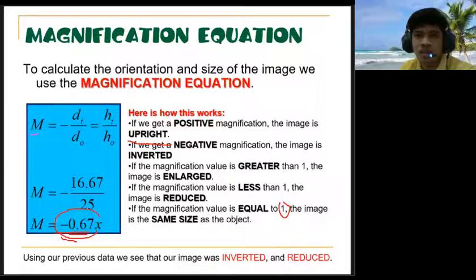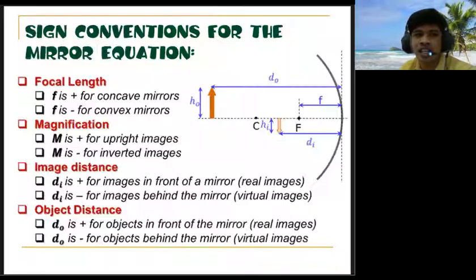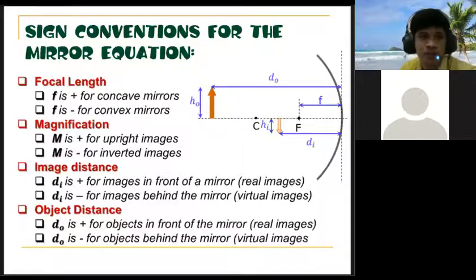Now, in solving mirror equation problems, we need to remember this sign convention. For focal length, can you read this rule for me, please? Captain, number 1, for focal length, f is positive and negative when? F is plus for concave mirrors and F is minus for convex mirrors.